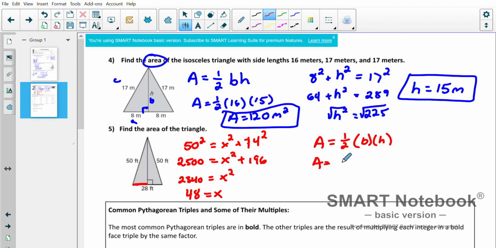Area is equal to 1/2. Our base is 28. Our height is 48. And 1/2 times 28 times 48 is going to give us an area of 672 feet squared.